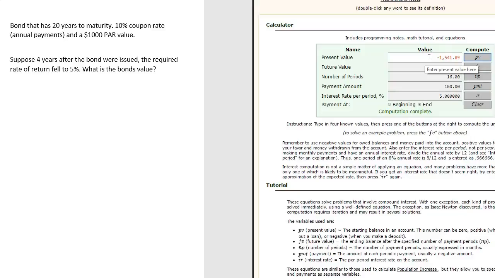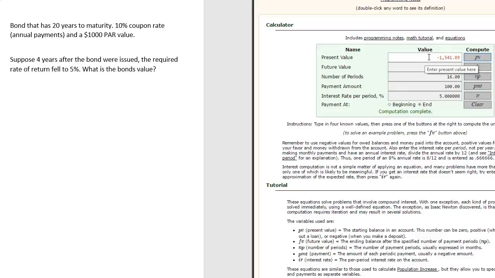If the required rate of return is 5% on the investment, but you look at the bond and it pays 10, you're thinking, oh my God, this is great. I'm going to buy this and no one's going to know. Trust me, the market knows, and through supply and demand, it will naturally bring that up to $1,541 for the value of that.